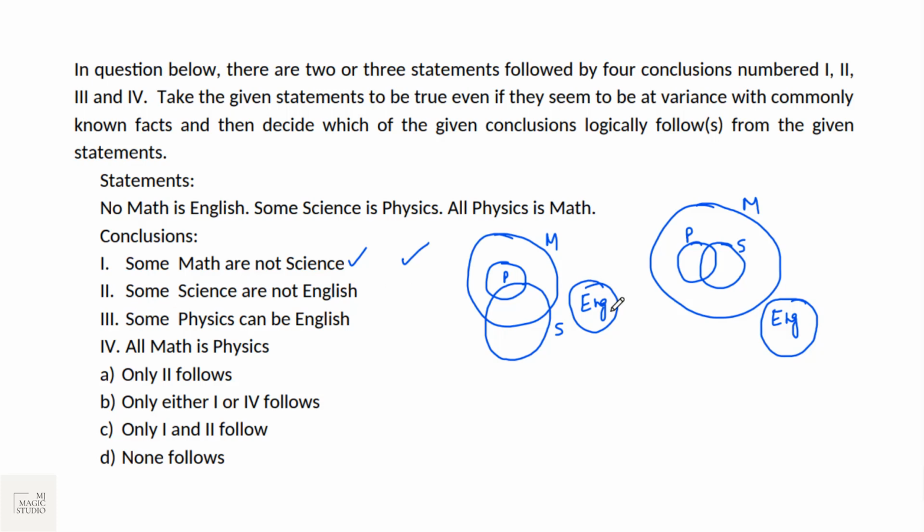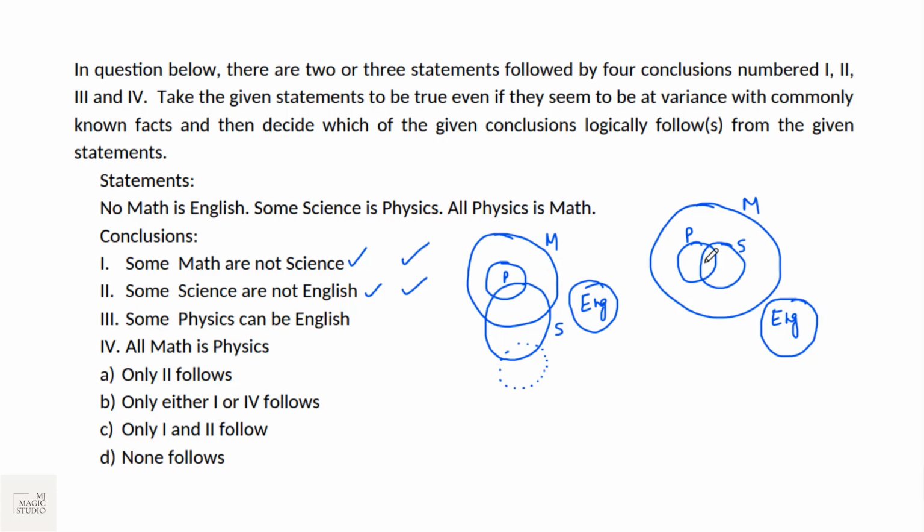Some science are not English. Here we can see that some science are not English, but we can have a Venn diagram like this which says that some science are not English, or English can go inside also, which will still say that some science are not English.